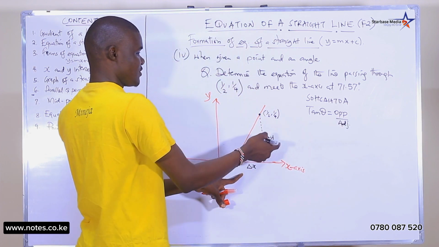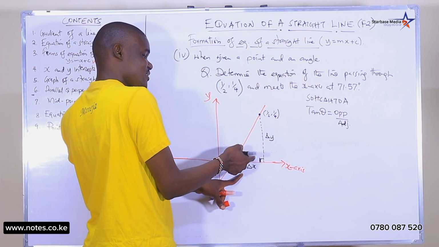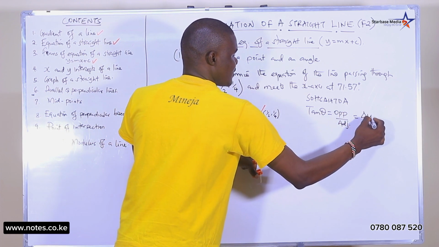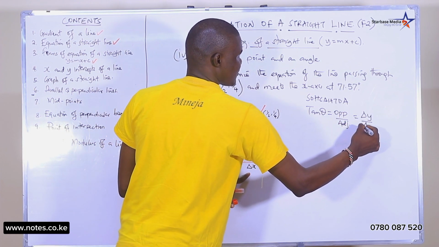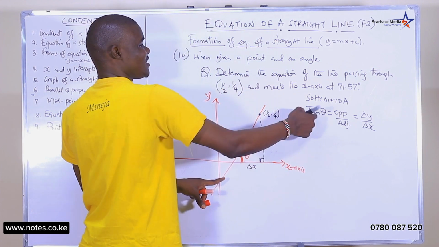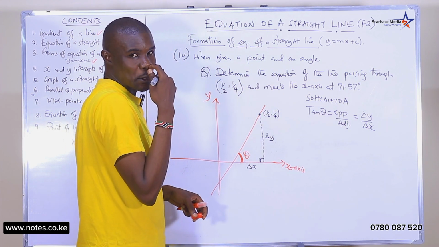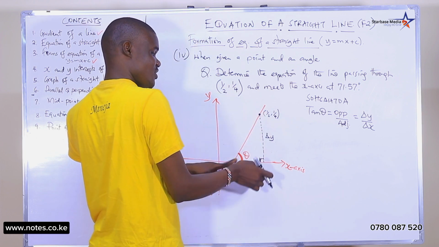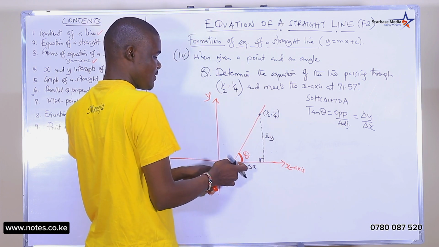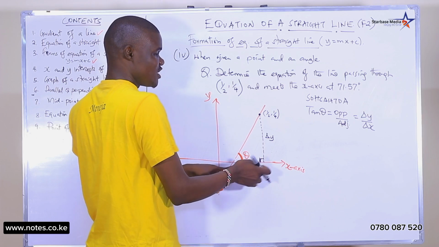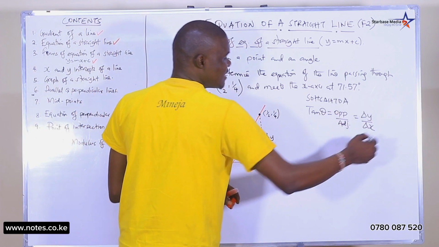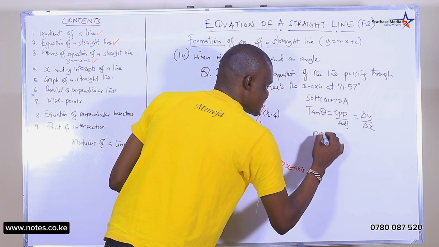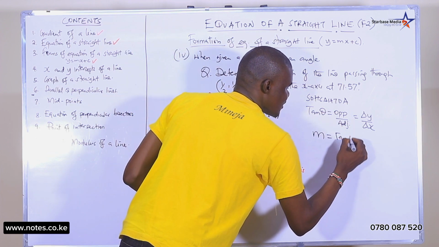So when I get the tan of this, opposite is change in y, and adjacent is change in x. So saying tan theta simply means gradient. You understand that? Because opposite is change in y, the vertical movement, and adjacent is the horizontal movement, change in x. So this one we had agreed it is the same as gradient. So gradient therefore is equal to tan of theta.